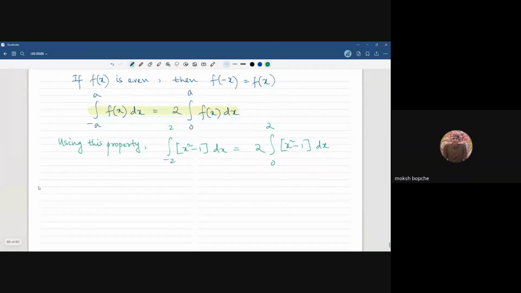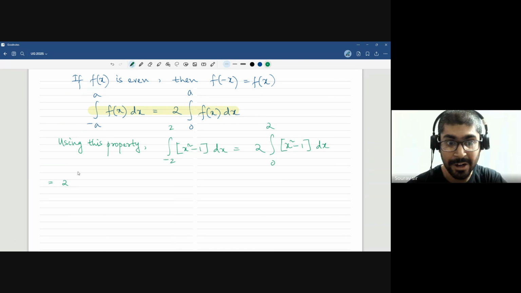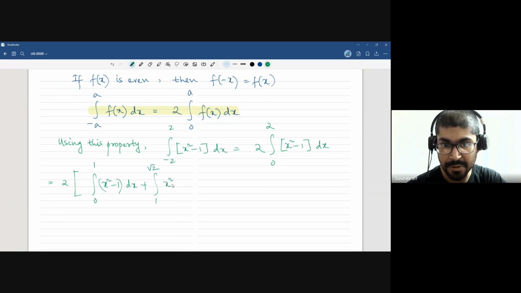Sorry, yes. No, it will go from 0 to 1. So 0 to 1, x square minus 1, plus 1 to root 2, x square minus 1, plus root 2 to root 3, x square minus 1.